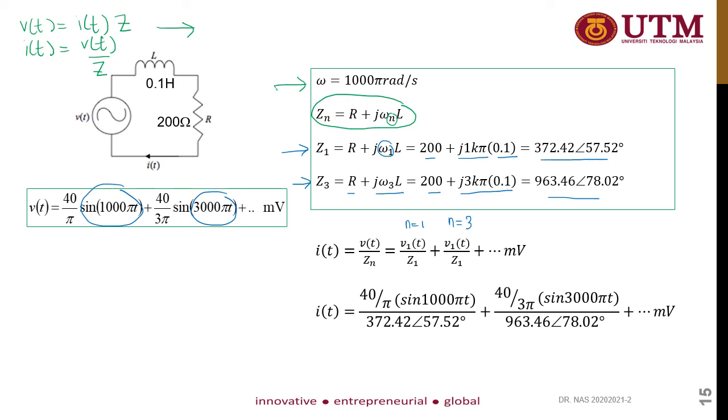So IT for V1, this is your V1, divided by your Z1, and then this is your V3 divided by Z3. Then simplify the equation for your final answer. So this one is equal to the final equation.